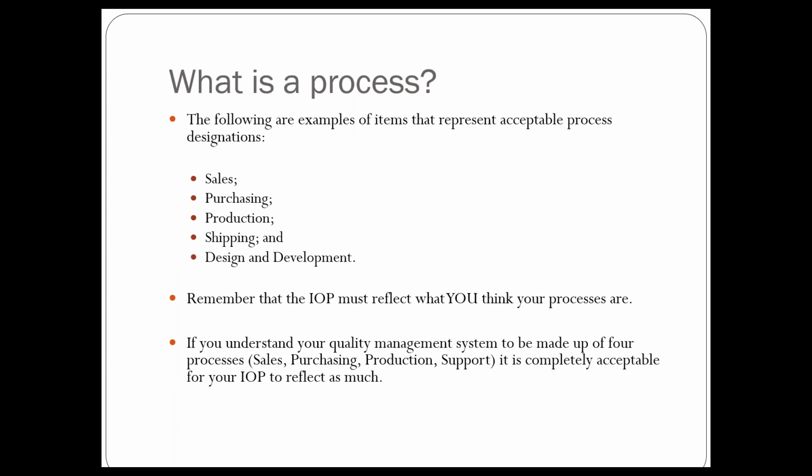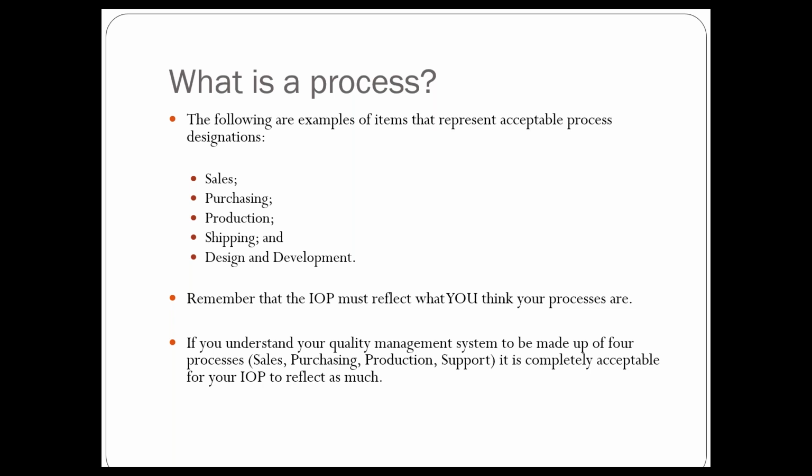Now, the following list that I've got here, these are examples of acceptable process designations. And these are actually very, very common. We see these time and time again in the audit reports that we get from our many clients. We see sales, we see purchasing, production even. You might think, well, do I have to break out all of my individual machining centers? Well, not necessarily.